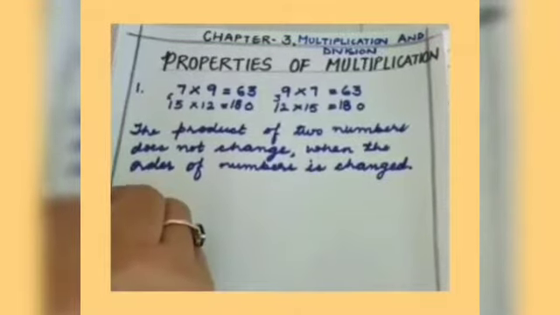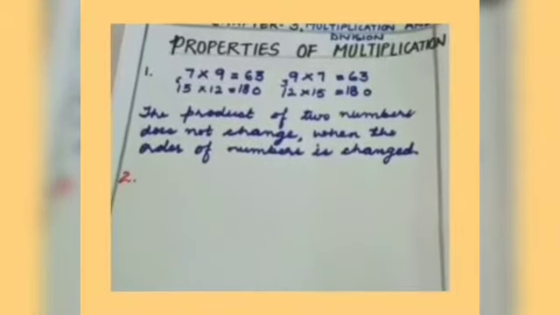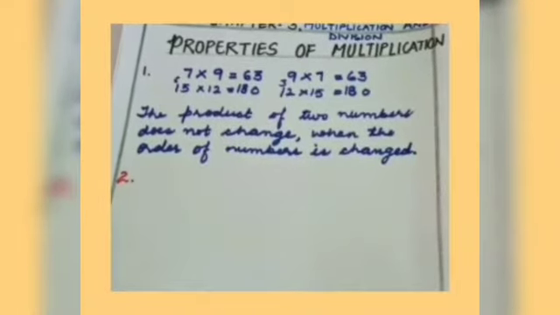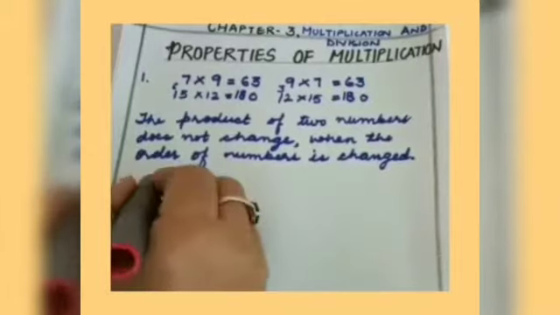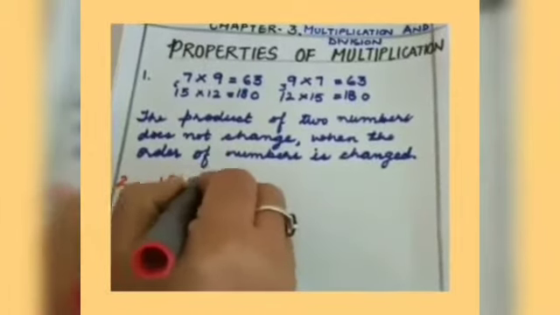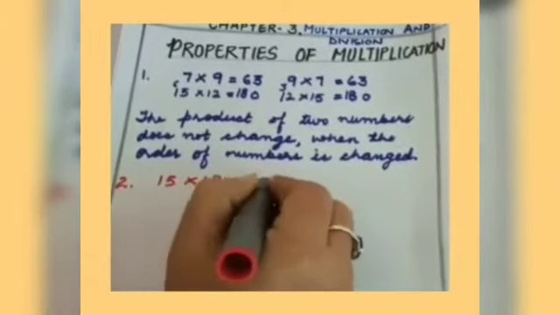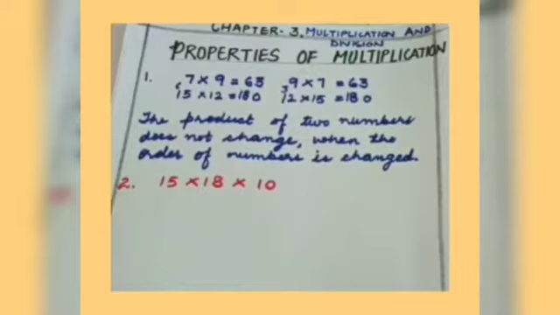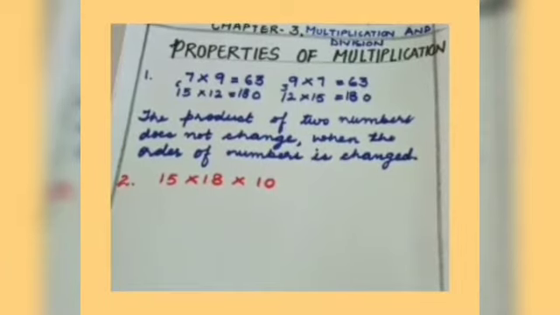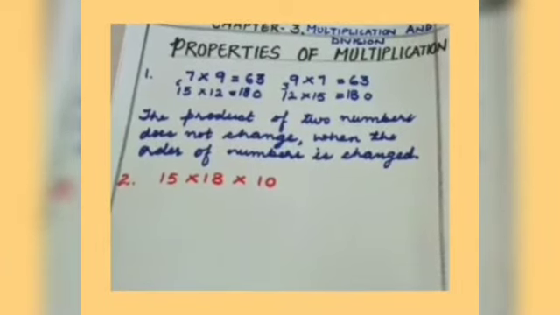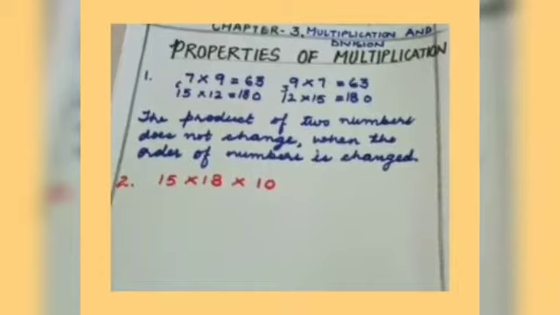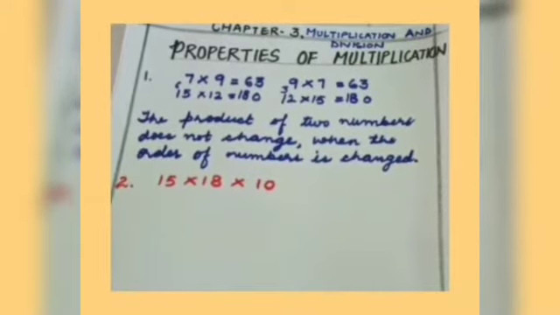Okay children. Now coming to property number 2. Now instead of 2, if I take 3 digits, suppose I take 15, 18 and 10. I have to multiply these 3 numbers. Now I cannot multiply the 3 numbers together. I will have to take first 2 numbers first, and then the product will be multiplied by the third number.